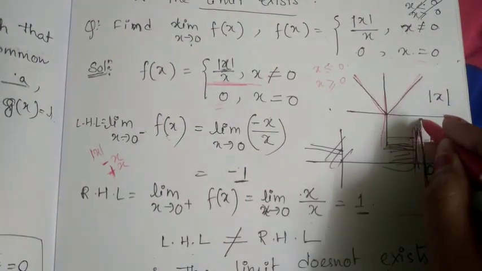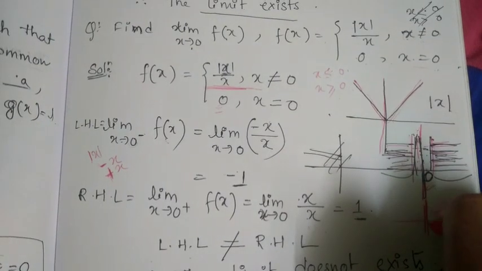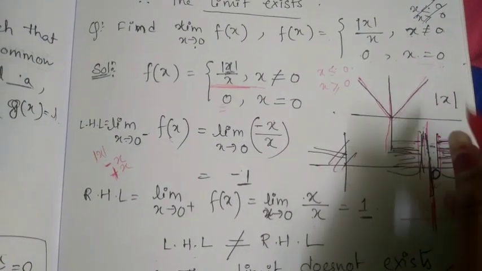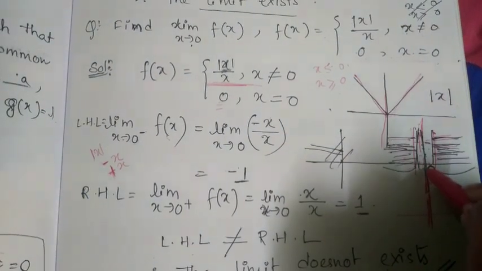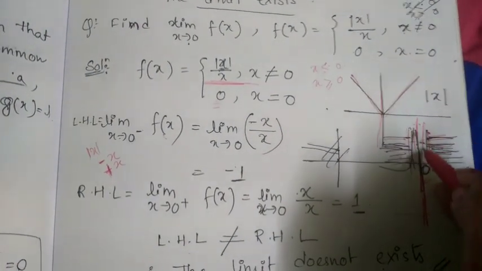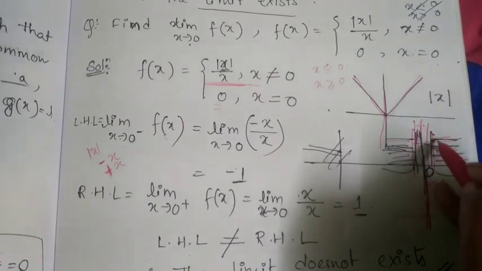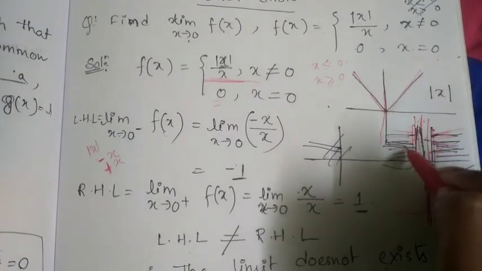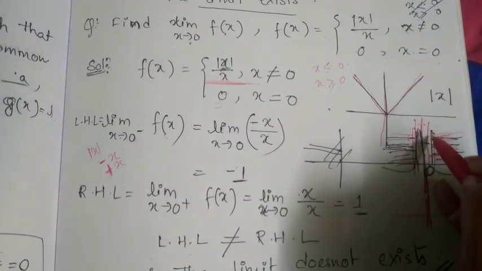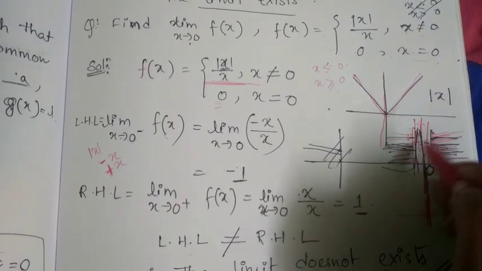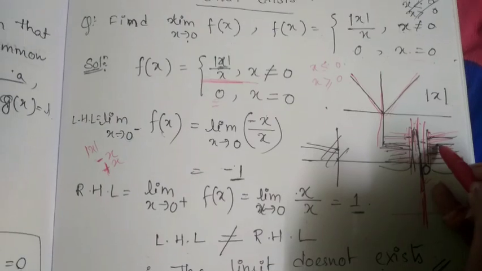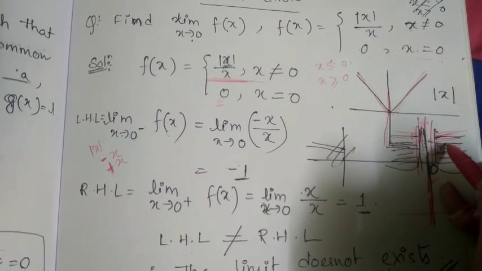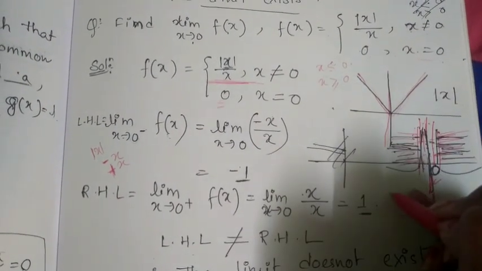So let us suppose that it lies on this line. Now x not equal to 0 means it is not touching the y-axis. It may be somewhere on these two sides, not on a single side. It is including both sides, positive and negative.